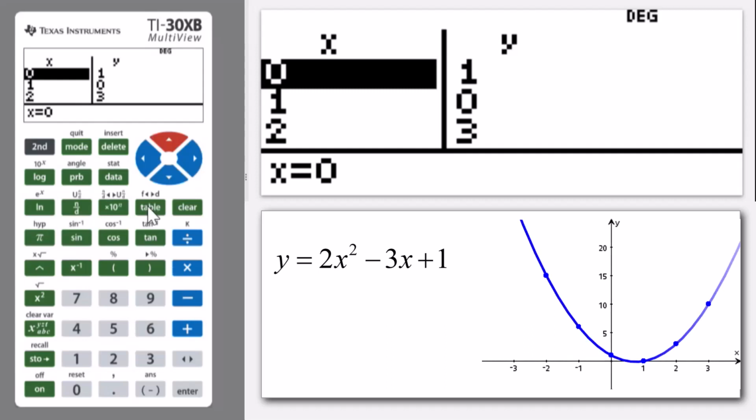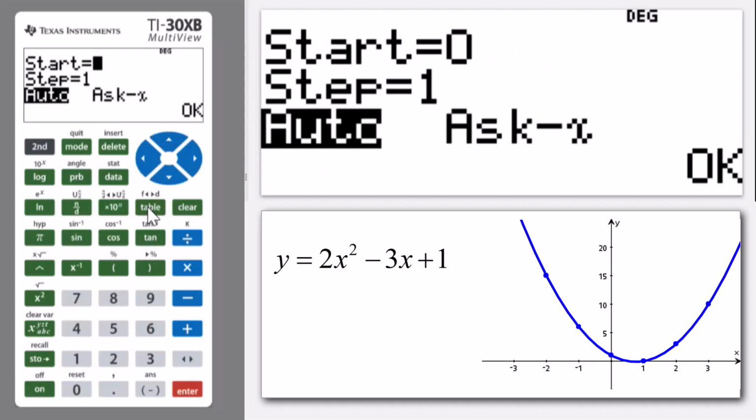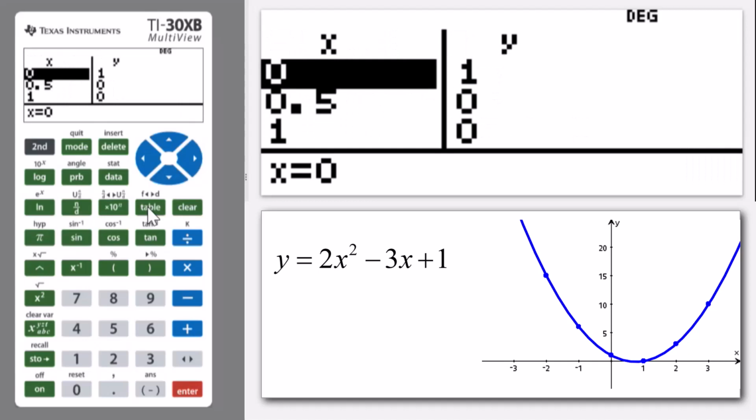So let's go back to the table and just press enter here. And let's change our step. If I go here and instead of having a unit of 1, I put in a unit of 0.5, I can still go auto and OK, press enter.